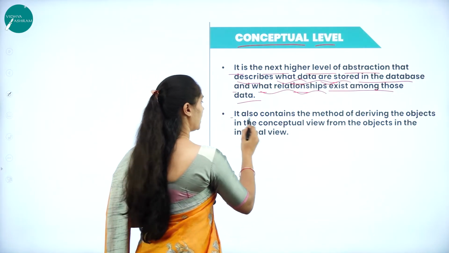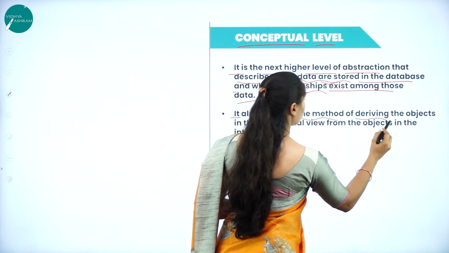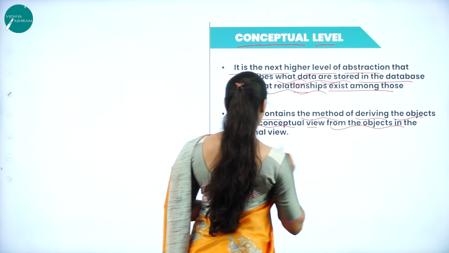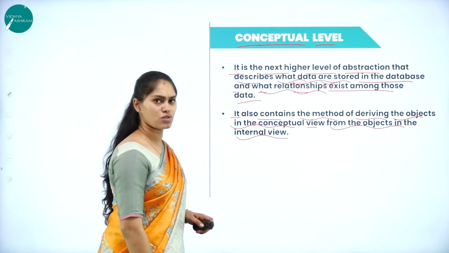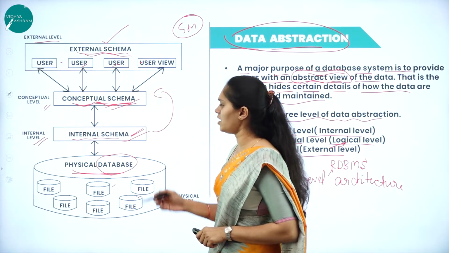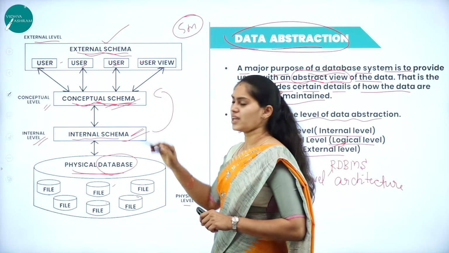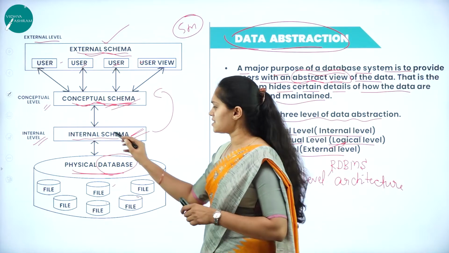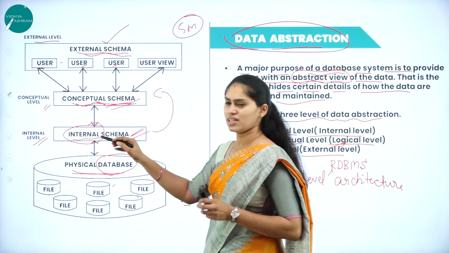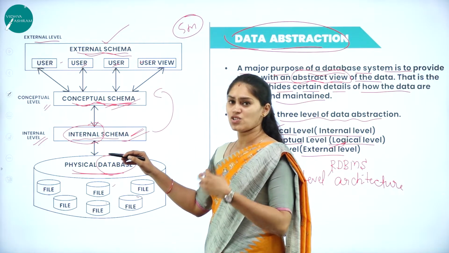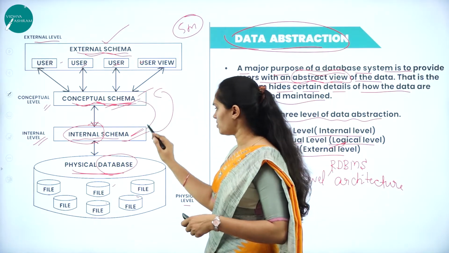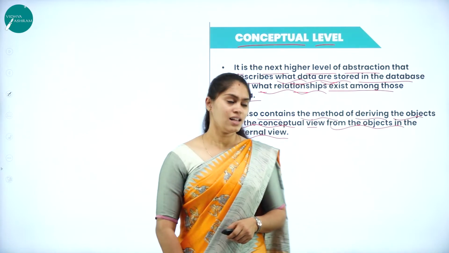It also contains the method of deriving the objects in the conceptual view from the objects in the internal view. So this is the intermediary level, so that by making use of this conceptual schema, I have the ability to access the content. That means I can retrieve or generate some objects at this level using information which resides in the internal level.